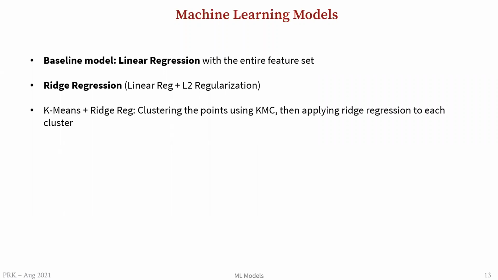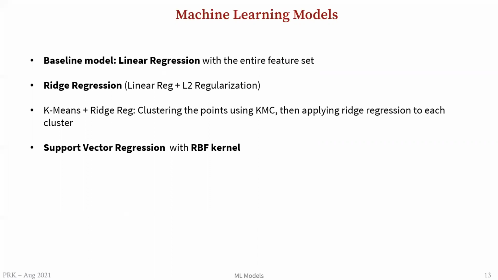We also used k-means clustering and ridge regression: we used k-means clustering to cluster the data points into several clusters and then applied ridge regression to each cluster. The reason we did that was to capture the nonlinearity in the data better, but still use a linear model such as ridge regression.